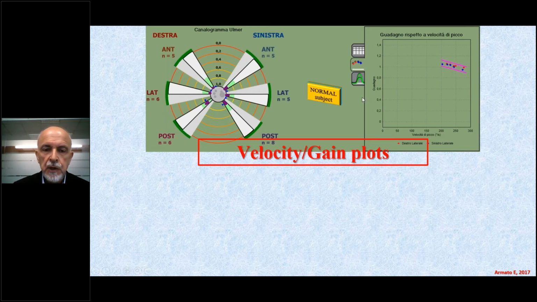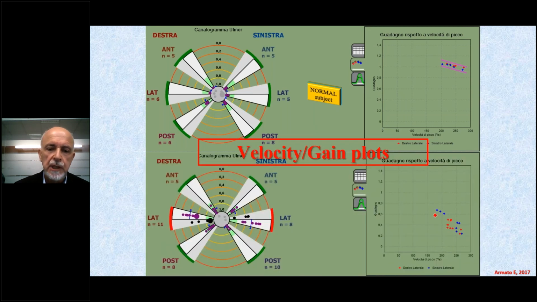But the behavior of a pathological subject is very different. In the pathological subject, at lower velocity, the gain could have a great value, but it decreases very quickly, in a rapid way, at high velocity.